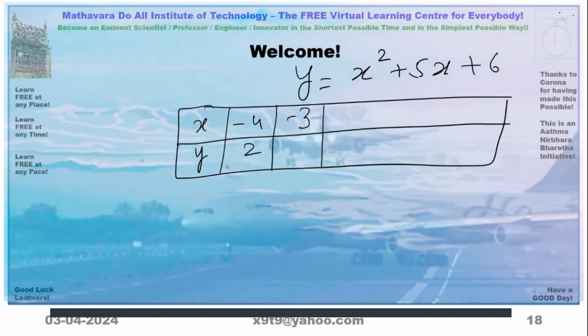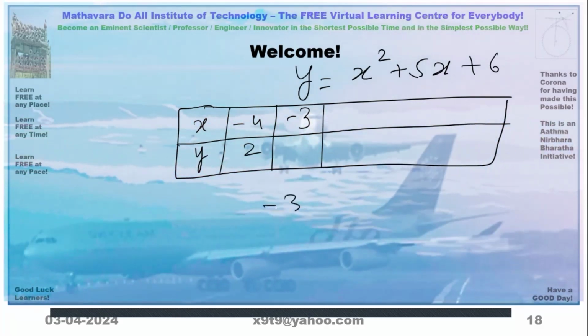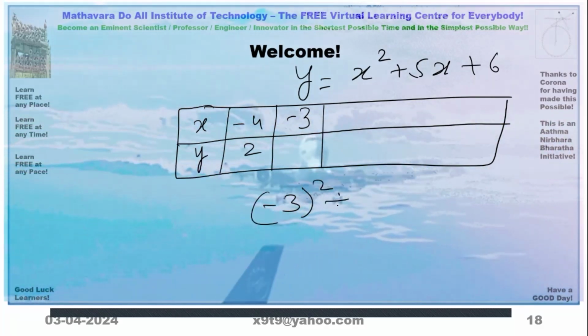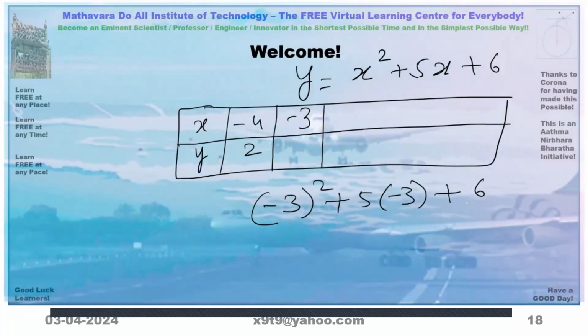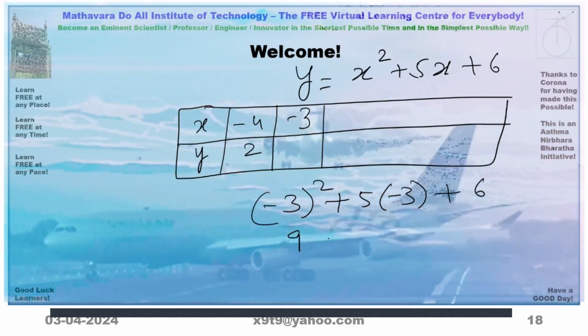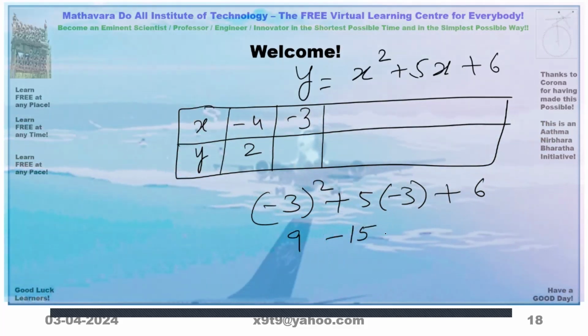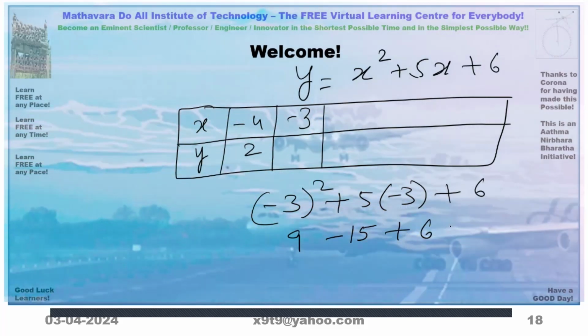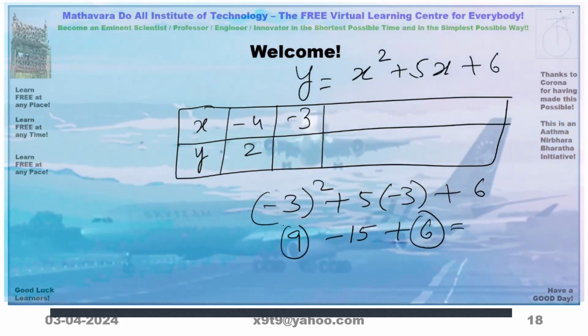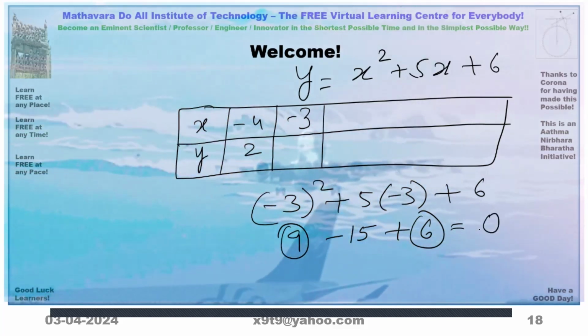Minus 3, you write. So it is minus 3 square plus 5 into minus 3 plus 6. So this is 9, this is minus 15, plus 6. Zero. So it will be 0, because this plus this is 15, it will become 0.